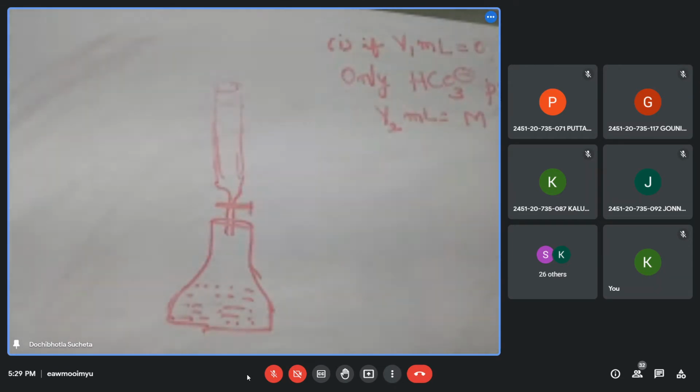Now, in the next experiment, as usual, I prepared some 50 ml test sample and I added the first indicator, the phenolphthalein indicator. It gave pink color. So what are the two possibilities that might be present in the test water sample?